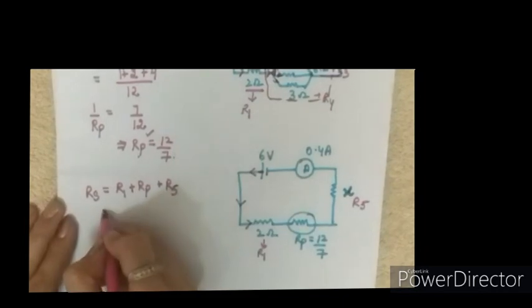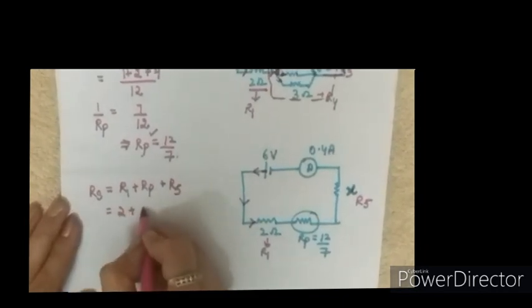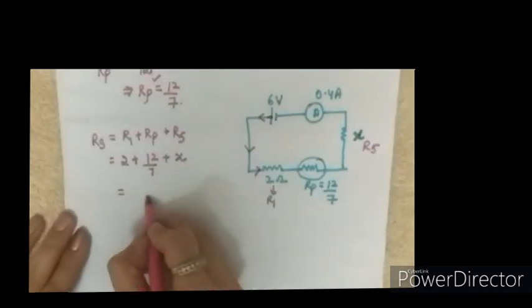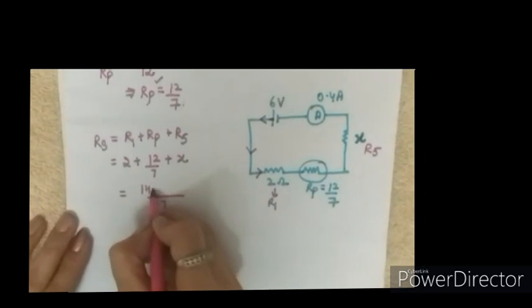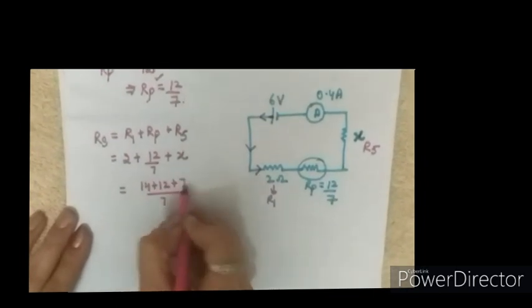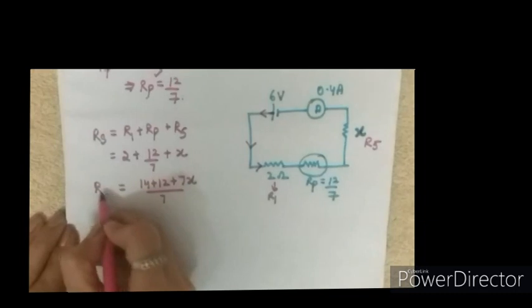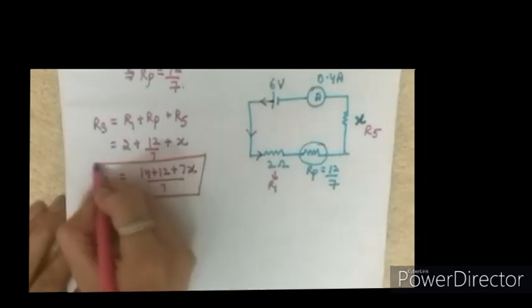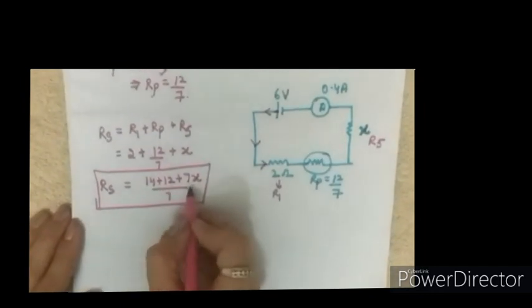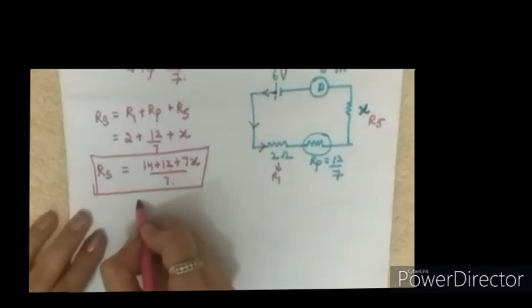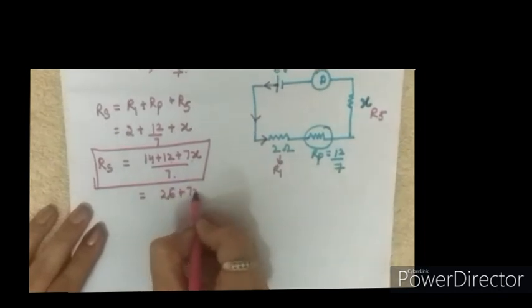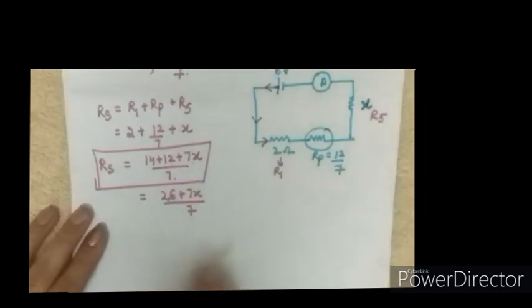R1 is 2, Rp is 12 by 7, and R5 is X. Now take the LCM. 7 twos are 14, plus 12, plus 7X. So Rs, the equivalent resistance across the circuit, is (14 plus 12 plus 7X) upon 7. We can rewrite it as (26 plus 7X) upon 7.